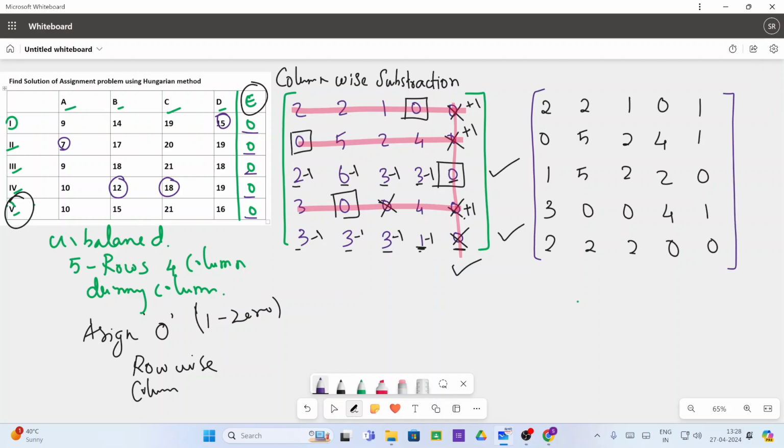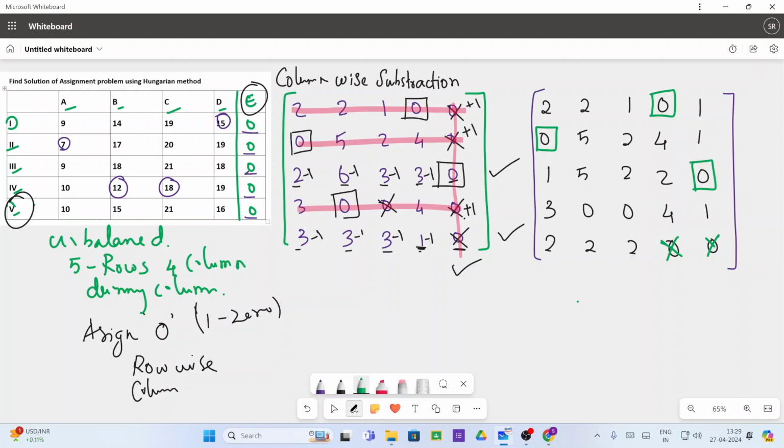Here we have to start making our assignments. In the first row there is only one zero, so we assign it and cross out the corresponding zero. In the second row again we have only one zero, so you can assign it. In the third row you have only one zero, so you assign it and cross out the other. In the fourth row you have two zeros, so you cannot assign.